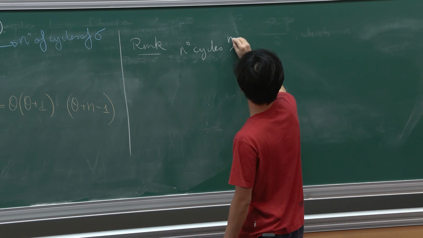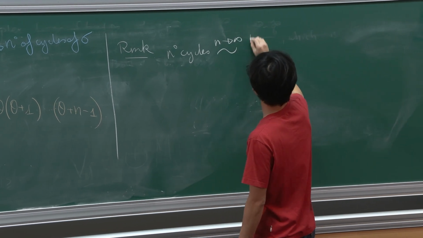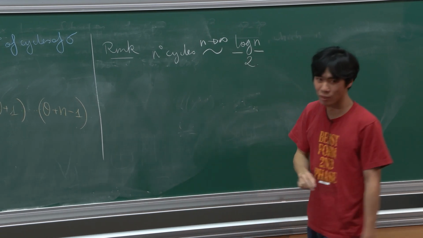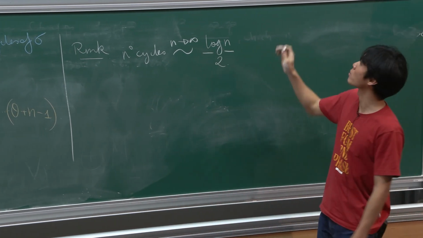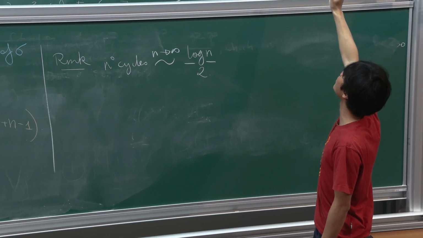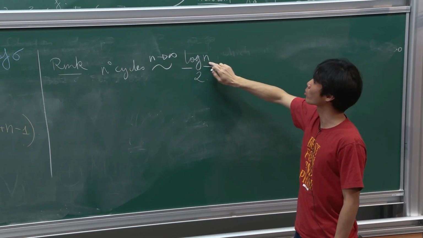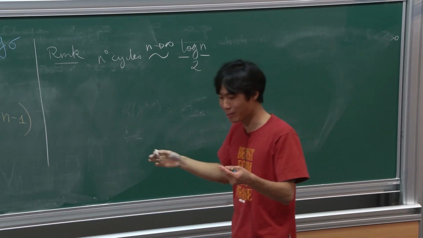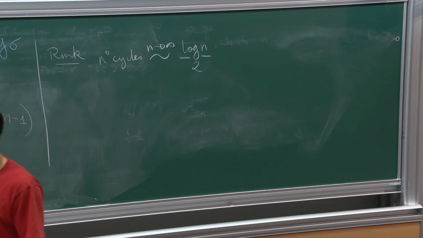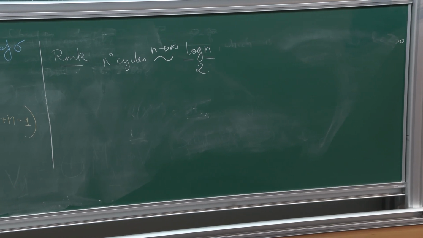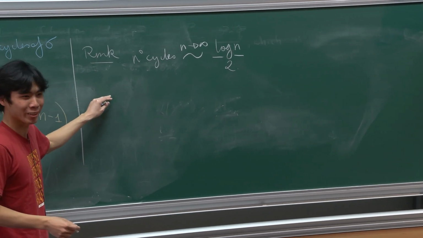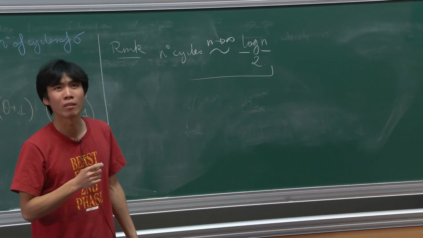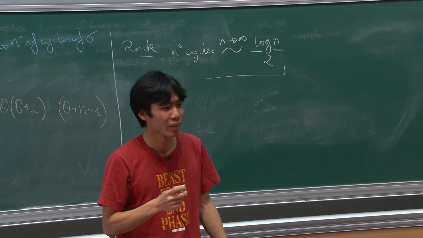Basically, there will be log n divided by 2. It is similar to the surface case, where it is log g divided by 2. So you already get the feeling that they are very similar objects, but the geometrical reason for this phenomenon is not very clear.